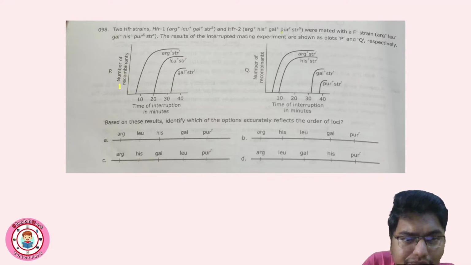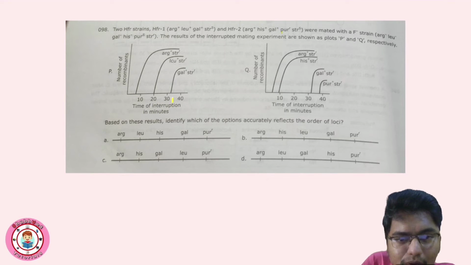These are the two plots shown: number of recombinants on the y-axis and time of interruption on the x-axis. We have to compare both plots and then decide the order. Very easy. First arginine. We don't have to look at STR resistance because it is present in F minus.